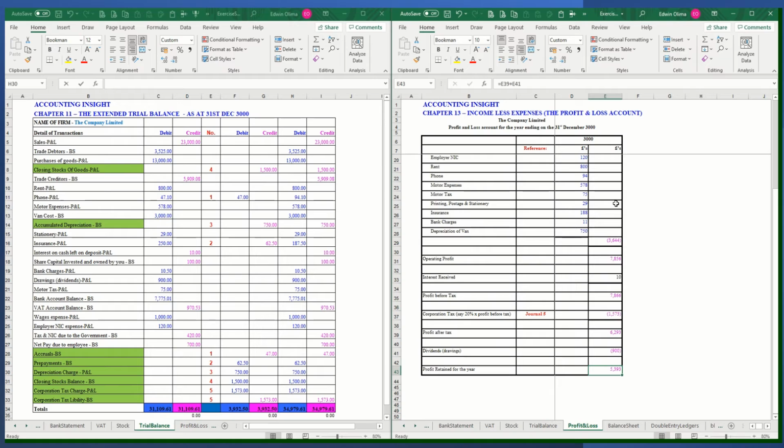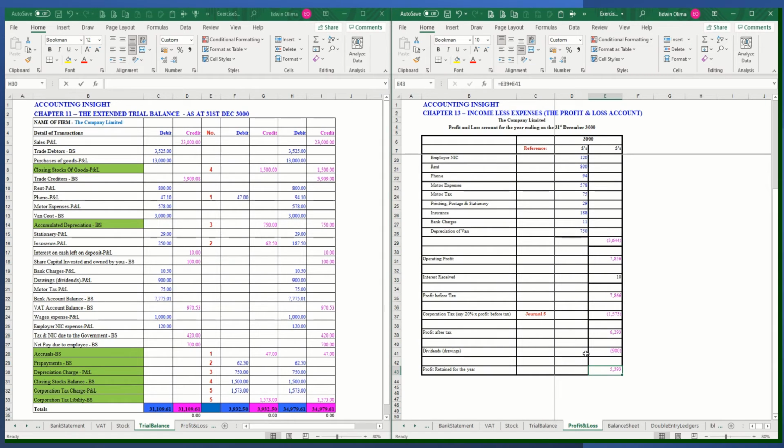So as you can see, this is your statement of profit for the year. So business has done really well, and it looks good. Obviously, if you had a bad year, you probably show a loss there.